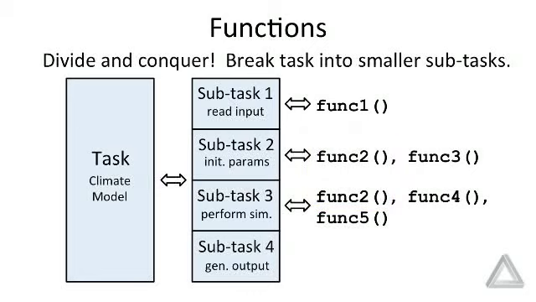And then in subtask 3 we also say, well, maybe we had to write another function, call it func4 and func5. Actually, any valid identifier can be used for a function name, and we'll see that detail later. And then for generating the output, we might write a function func6. When we look at this, we realize that there are some nice things about the way this is structured. We could actually have a team of programmers working on this, each assigned to a particular subtask, and they could work relatively independently, making sure their particular function or functions work properly.